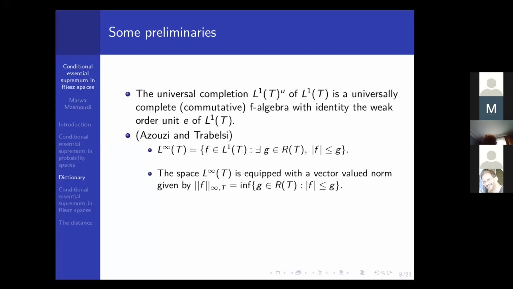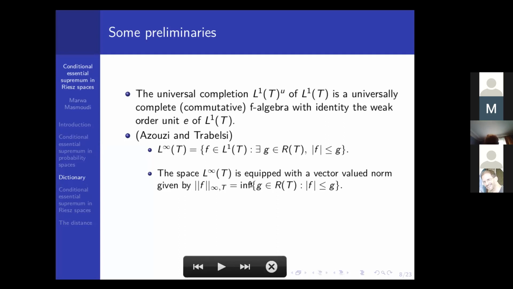Azouzi and Trabelsi introduced the space L infinity of T as the principal order ideal of L1 of T generated by the weak order unit e. This definition seems to be near to the definition of conditional essential supremum that we will introduce, but only in the case of positive elements.